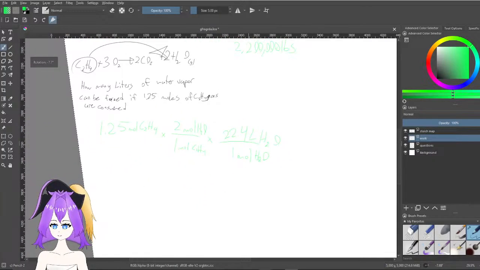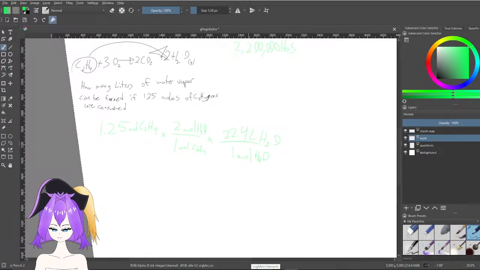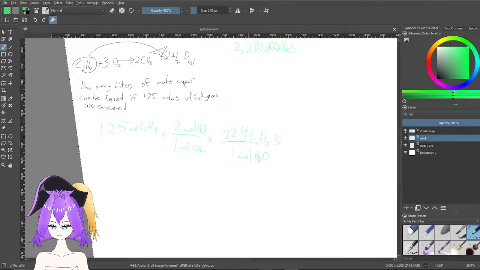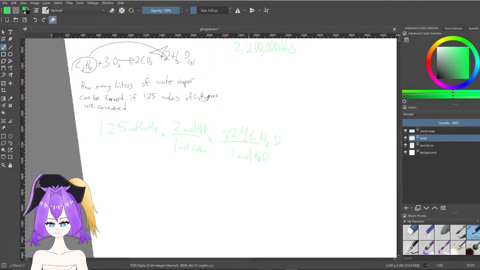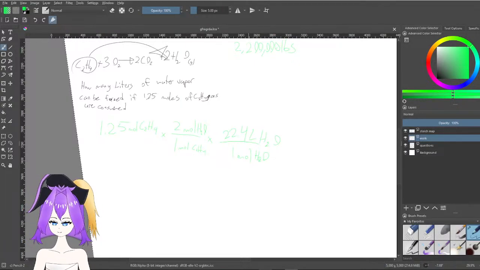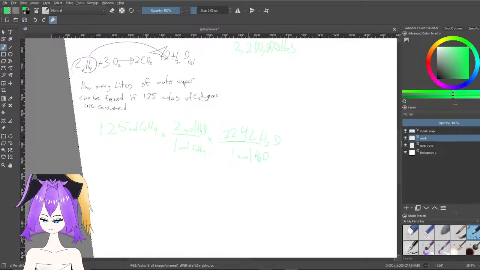Okay, so it's gonna be 1.25 times 2 times 22.4, and that gets us 56 liters of water vapor. So I'm just going to copy that down.